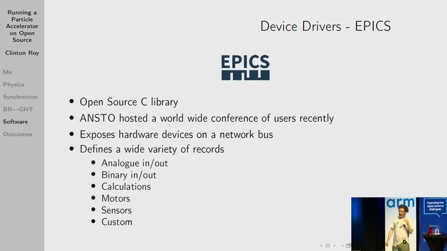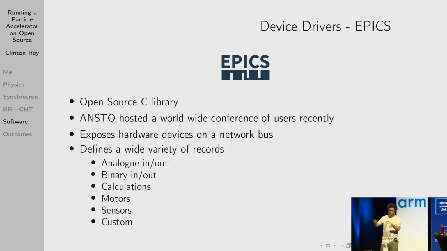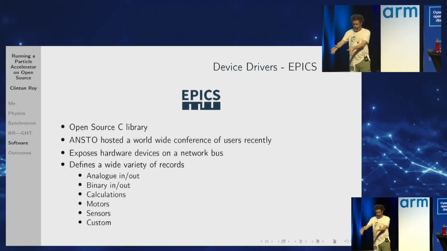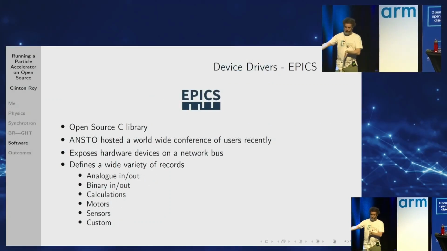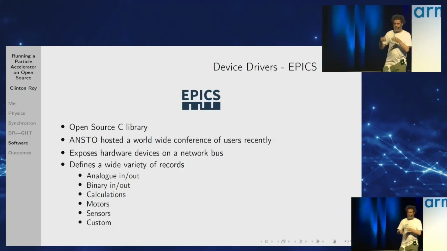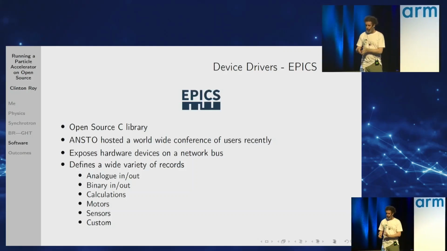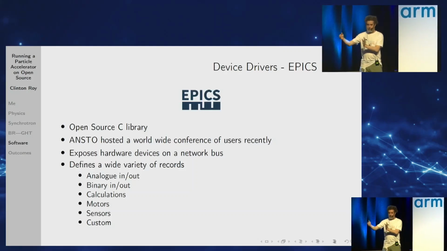Some of those fields are readable, so things like a temperature sensor will have a temperature field that you can read. Some of those things like a motor will have two fields that we're really interested in. They'll have a set point field, which you can write to, and that's saying, "Dear Mr. Motor, please move to position 50." It'll have a readback field, which tells us where that motor is. So I'm at 48, 49, 50.